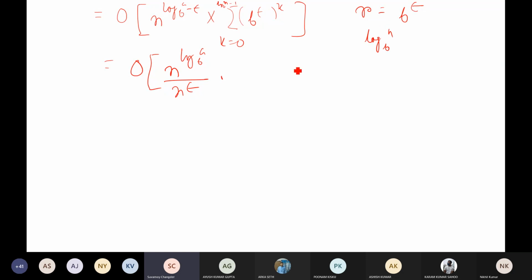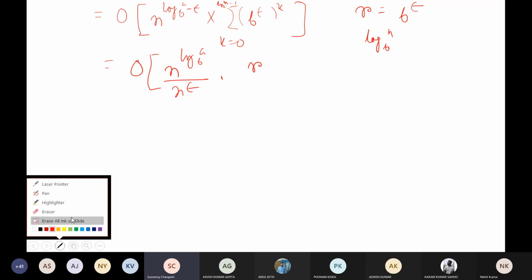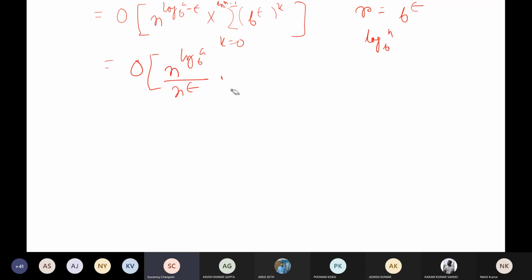So this many terms are there. Therefore, r to the power n, sorry, r is b. Therefore, we can write that r to the power n means b to the power epsilon to the power log n base b, right? Minus 1, r to the power n minus 1 by r minus 1. So here r is b to the power epsilon.